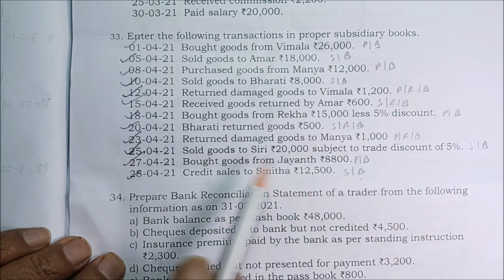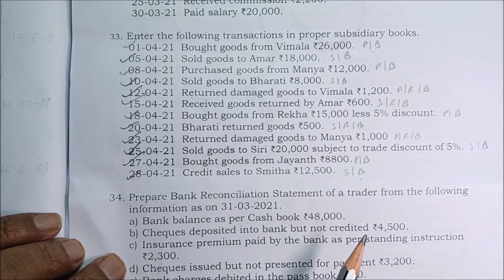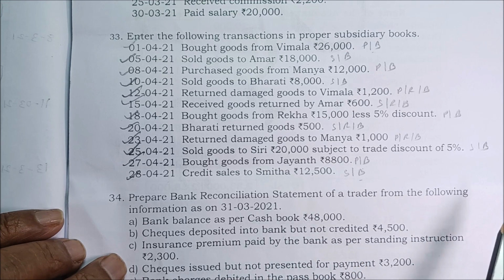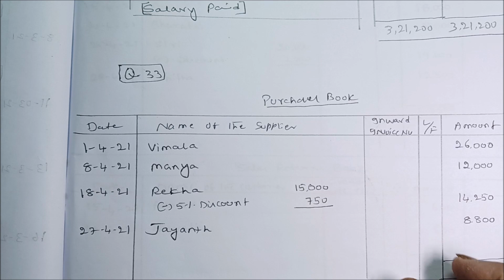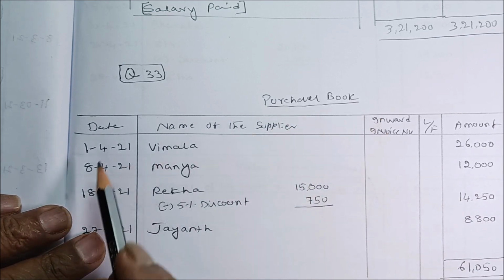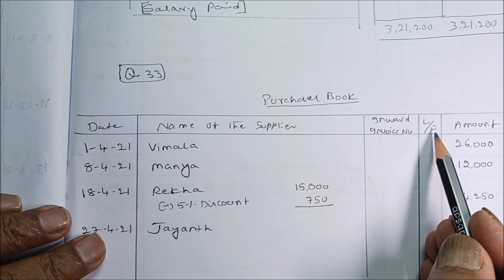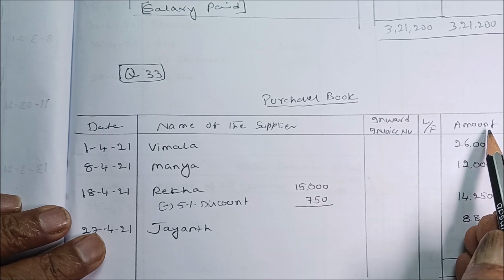Now we have clarified this one, then I'll show you how it will be entered in your purchases book, purchase returns book, sales book and sales returns book. First, purchases book: date, name of the supplier, inward invoice number, LF ledger folio, amount.